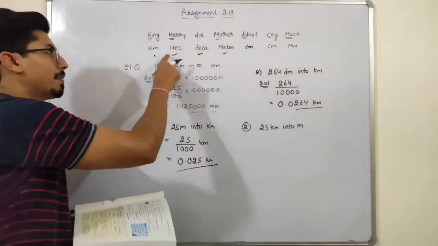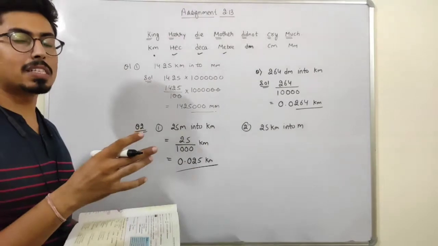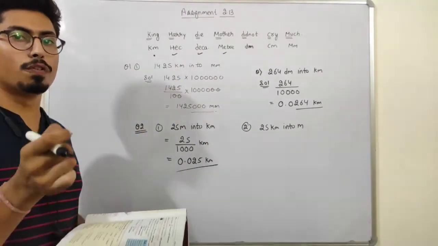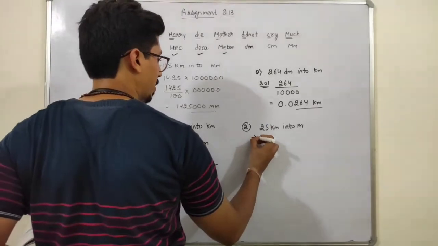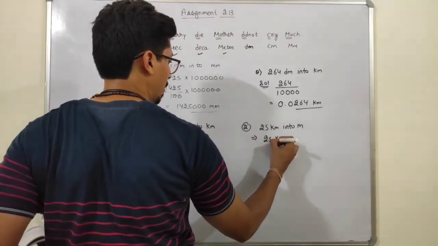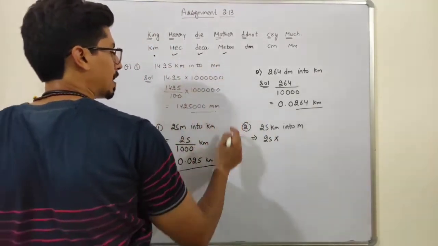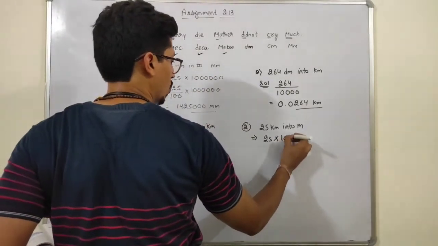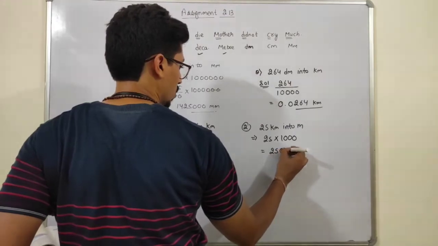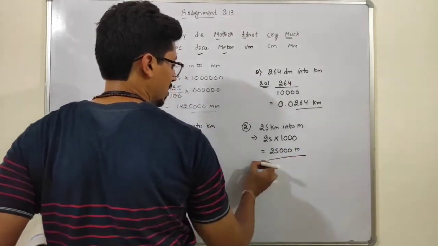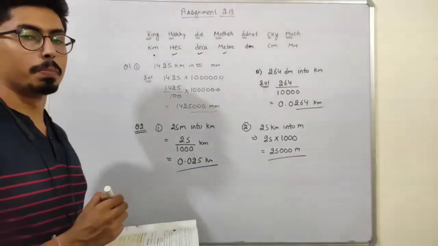So I have to move to the right hand side, and to move to the right hand side I have to multiply it. So this can be written as 25 multiplied by 1, 2, 3 places are there, so write a 1 and 3 zeros. So the answer will be 25 and 3 zeros. Now the answer is 25,000 meter.